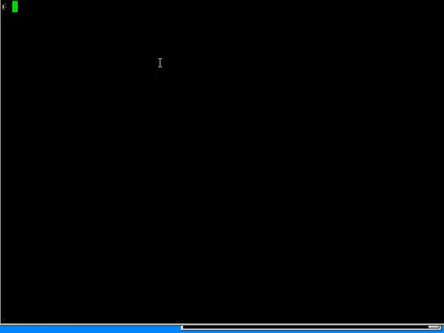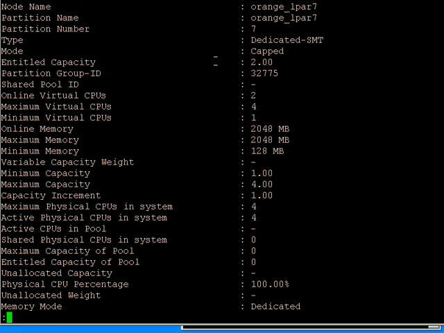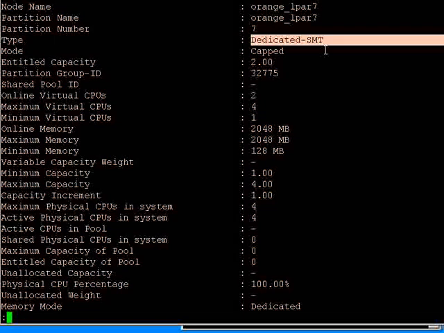We can run a command like lparstat -i. And here we can see that we have dedicated CPUs and we have SMT switched on, this SMT at the end of the line.